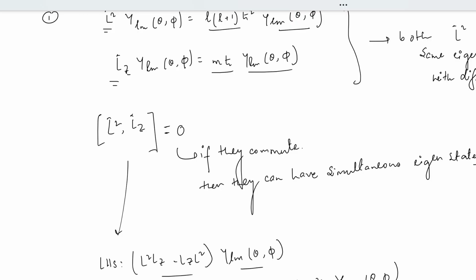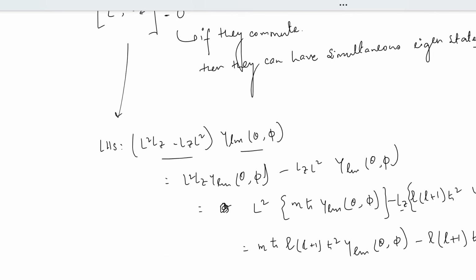So you again act this. The m h cut is a constant, it comes outside the operator, and then L square again acts on YLM, giving L into L plus 1 h cut square YLM theta phi. Minus, when Lz operates on this, the constant term L into L plus 1 h cut square comes to the left, and Lz acting on this gives m h cut YLM theta phi, which is basically the same thing.